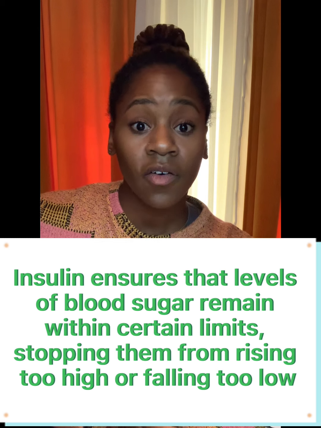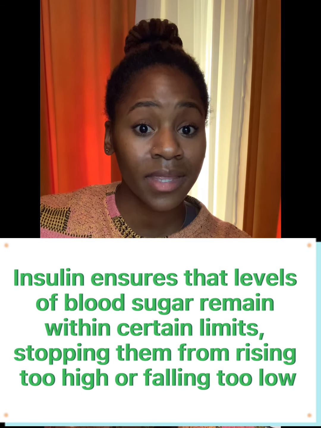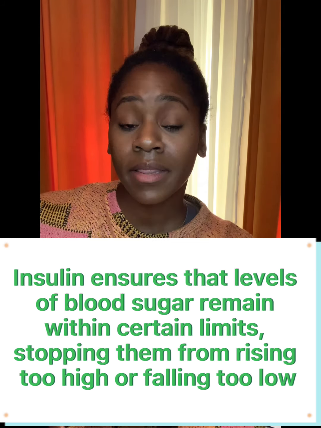And whenever we need it, that liver releases that energy to say, okay, here you go. And insulin ensures that the levels of blood sugar remain within certain limits, stopping them from rising too high or falling too low. So if we do not have the proper insulin, or a lack of it, this causes blood sugar spikes or decreases, and this is what leads to diabetic issues.